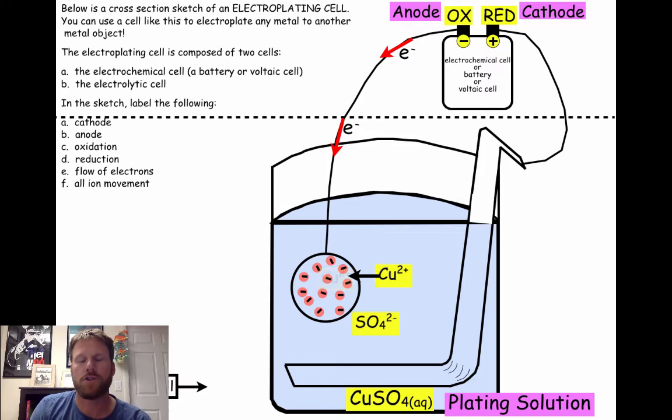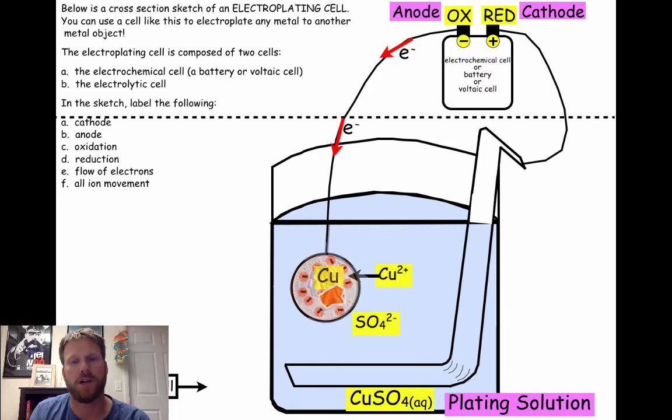So copper 2 plus ions will be attracted to that quarter. Well, they will go to the quarter, pick up 2 electrons, and become copper metal. And that copper metal will plate out on the quarter and make it look fancy and shiny and new, like this.